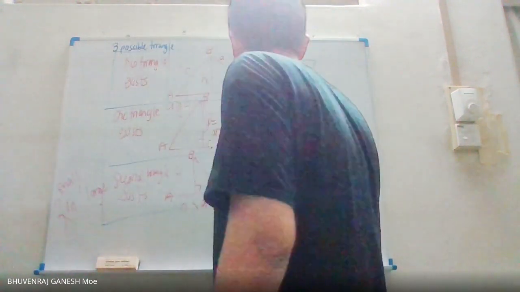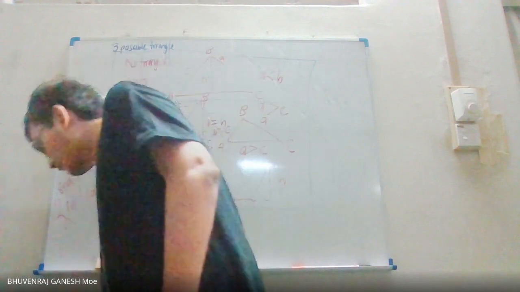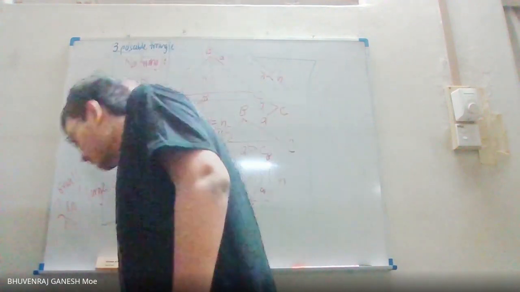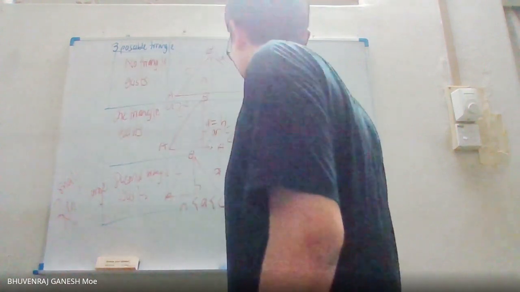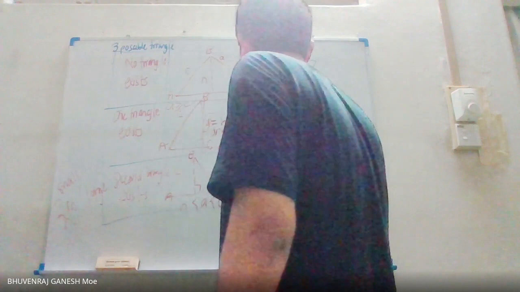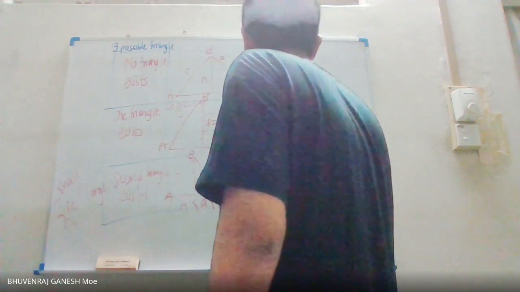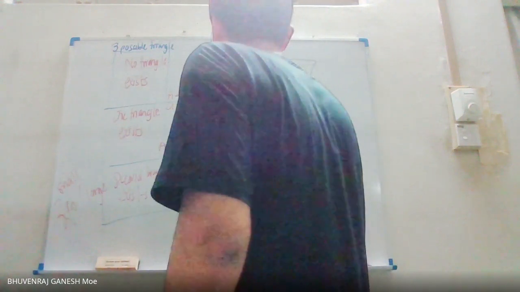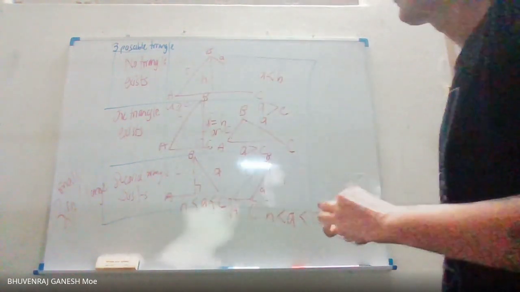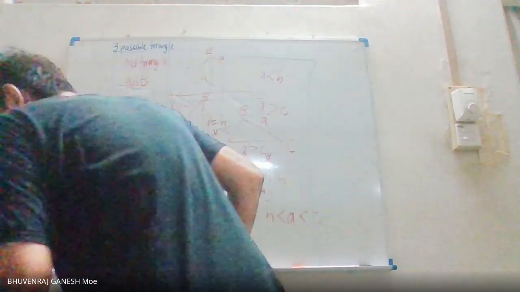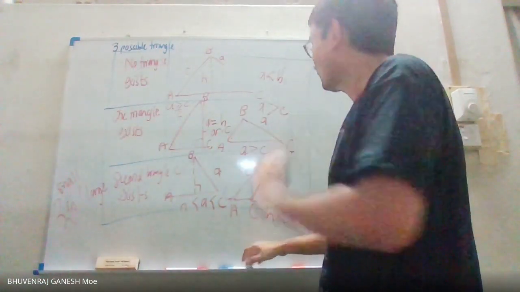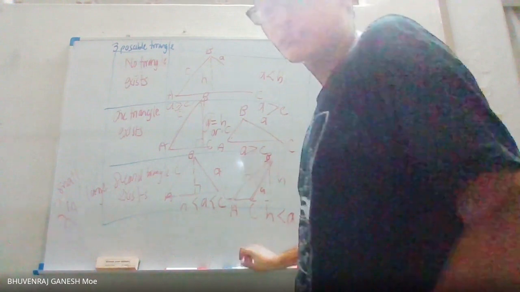So height, A, B, C. This is A. This is C. So you can see clearly from here, height is less than A, obviously. And A is also less than C because C is slanting further compared to A. So this is how you form one triangle and also two triangles.